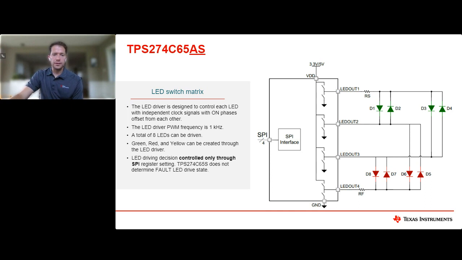How it's done is each of them has an independent clock signal with an on phase offset from each other, so with just 4 pins, we can drive up to 8 LEDs. The LEDs can be driven up to 1 kilohertz in terms of PWM frequency, and you can create any color from green, red, and yellow through the LED driver.